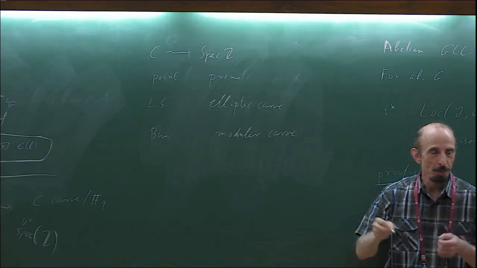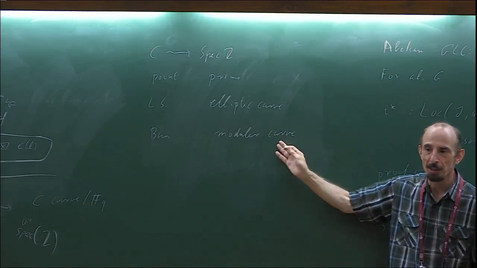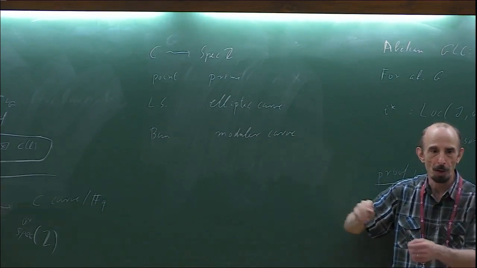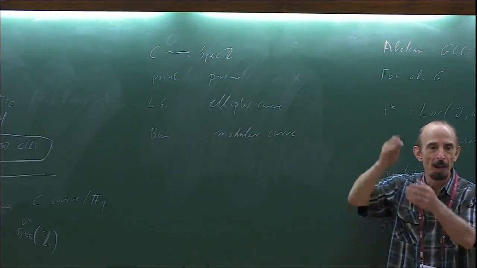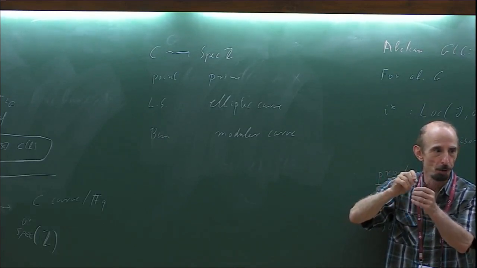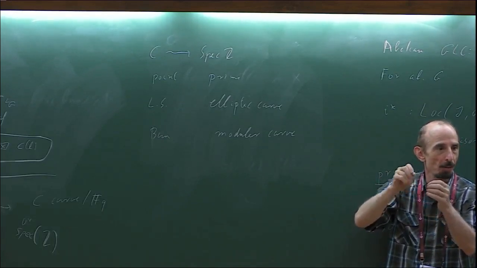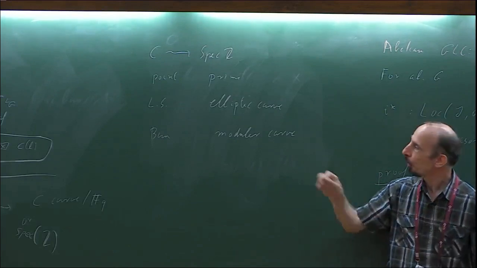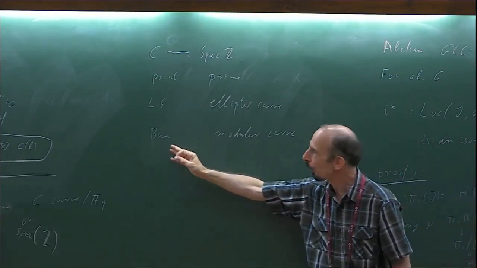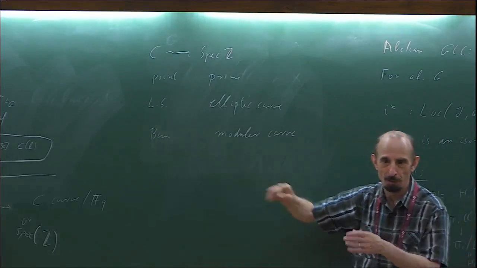If you start playing with it, you find there's a natural modular curve in the picture. A modular curve is the upper half plane divided by a congruence subgroup, which is the same as the moduli of elliptic curves together with a basis of points of some order. That order is called the conductor, and it's determined in a natural way by the original local system you started with.